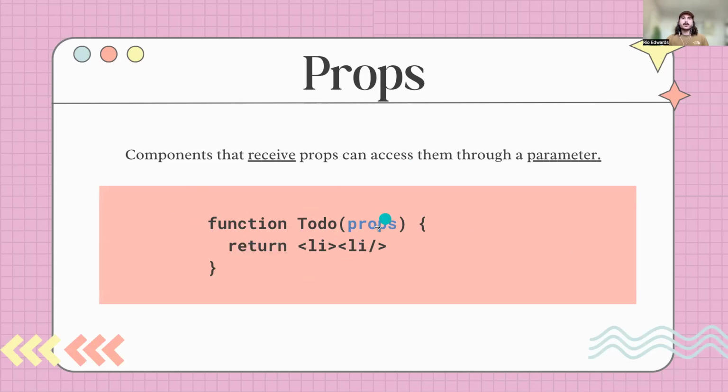So those were how to pass props into a component. This is how a component that receives props will receive them and use them. So far your components have been functions that don't receive any parameters, and props will come in as a parameter. You can just put props as a parameter, and then you can use any of the props that were passed in.